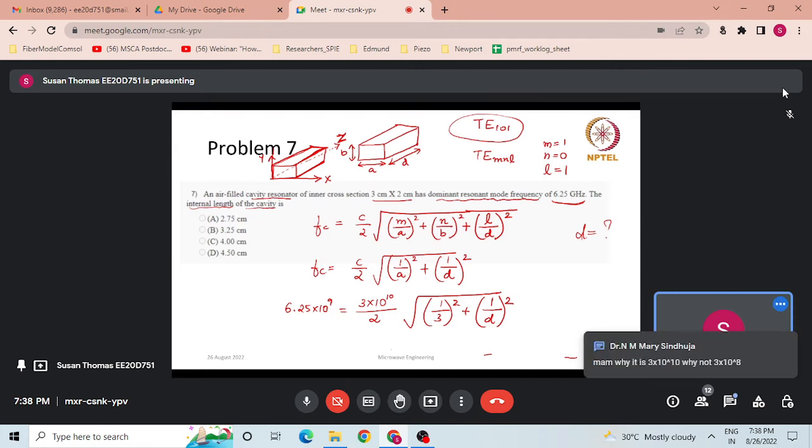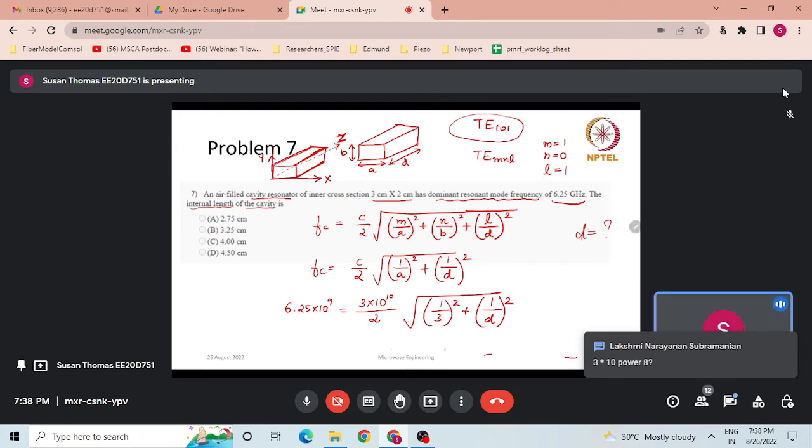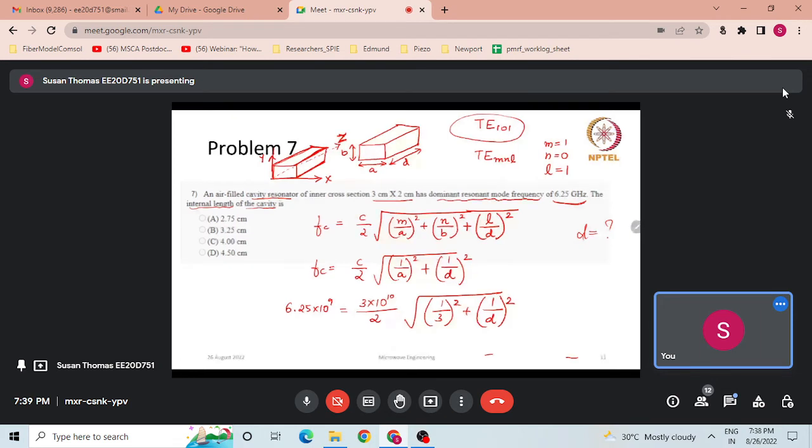It's clear and straightforward. There was a question about why I took 3 into 10 power 10. You can always take 3 into 10 power 8 meters per second, but the dimensions, that is A and D, are all in centimeters. That is the reason I have kept 10 power 10 here.